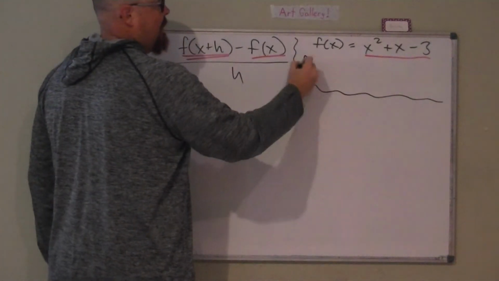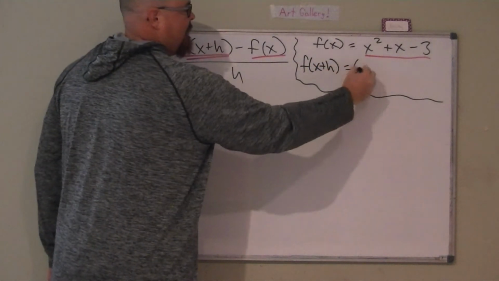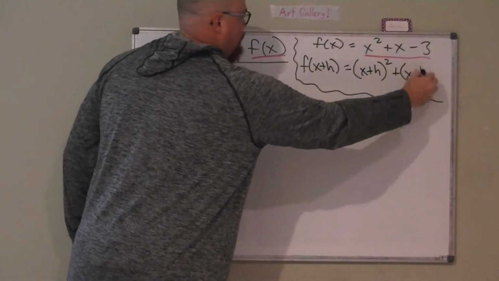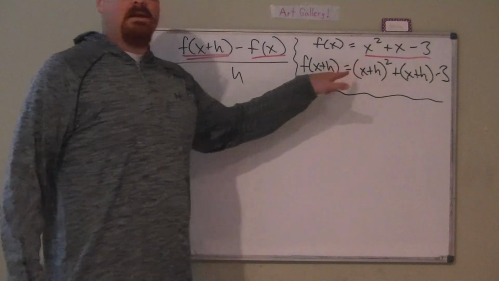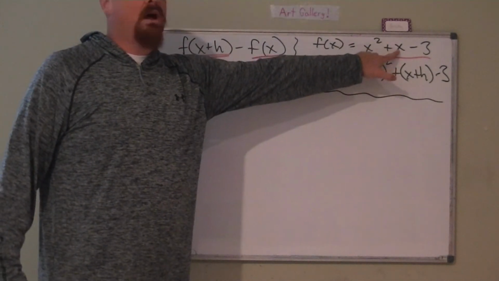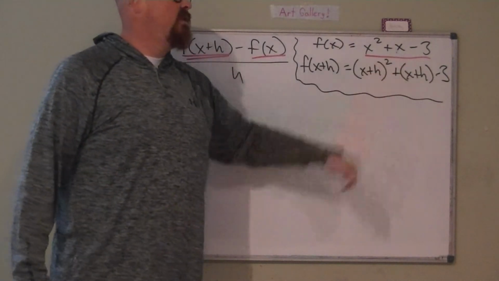Well, if we make it an x plus h, I'm plugging x plus h in, and I have to remember to use parentheses around that, and I have to remember to plug it in for both of these, okay? Not just the squared x, but the x here as well. So I'm putting x plus h in here and squaring it, I'm putting x plus h in here.